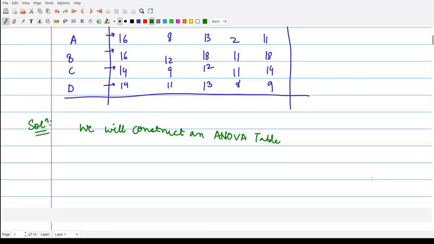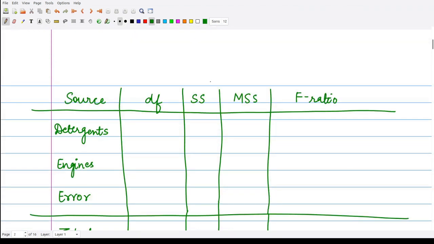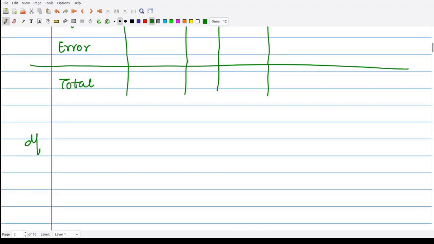First of all, writing the degrees of freedom. For degree of freedom, we will look for the answer to how many there are.